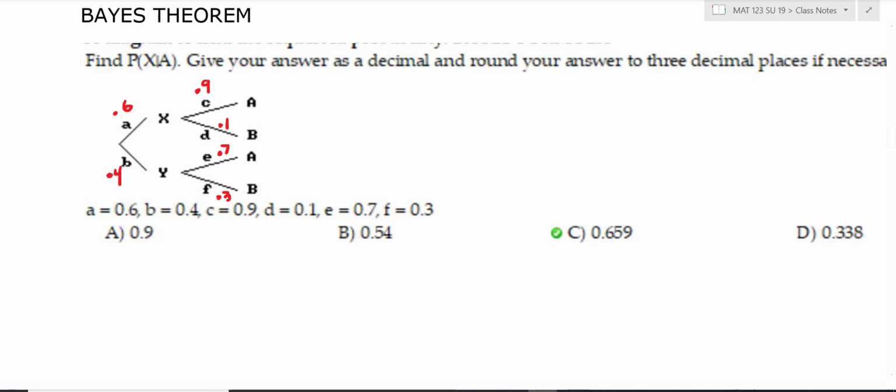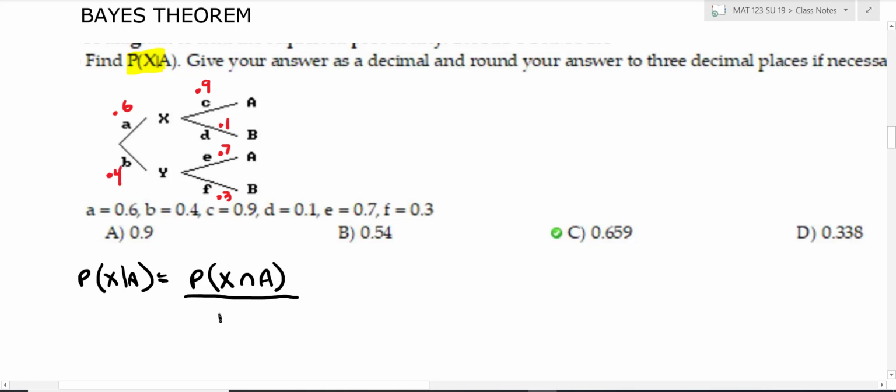Okay, now what we're going to do on this problem is find the probability of X given A using Bayes' formula. So what we really do is the probability of the intersection of those two events divided by the probability of A happening.